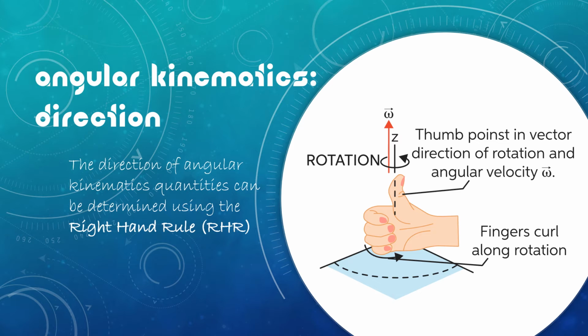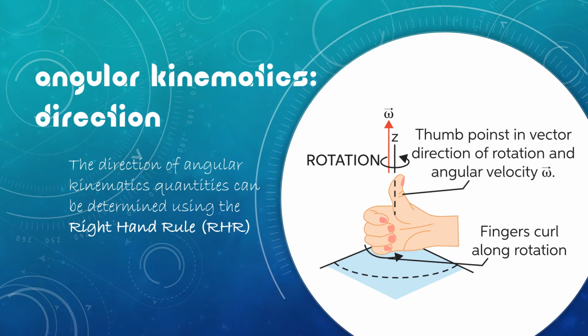You could probably guess by the name that we're using our right hand, giving that thumbs up signal. We rotate our fingers in the direction that an object is rotating, or possibly the direction that an object is accelerating, and our thumb gives us the direction of that vector.